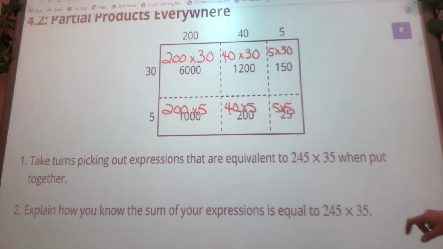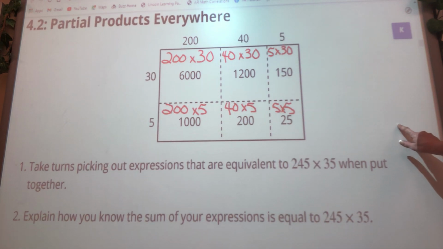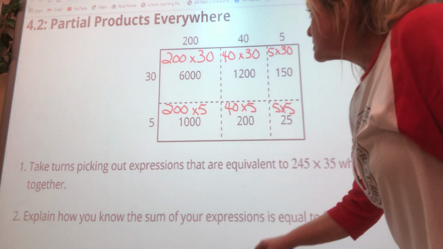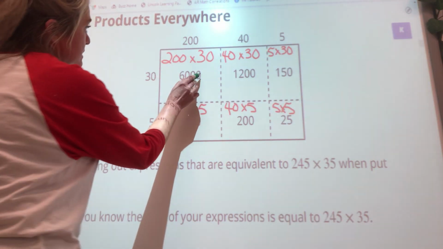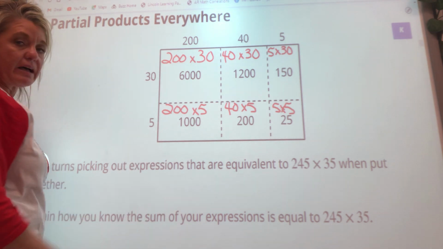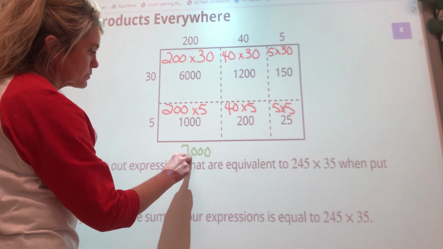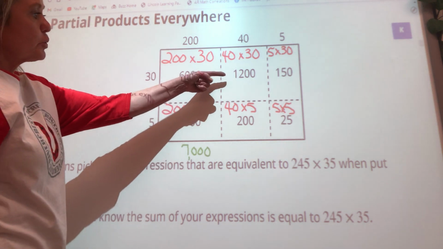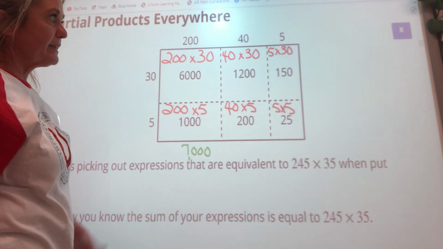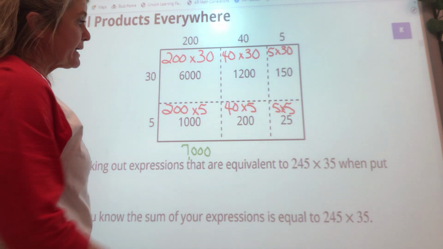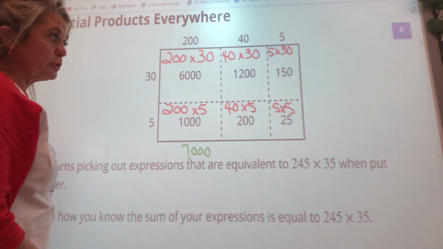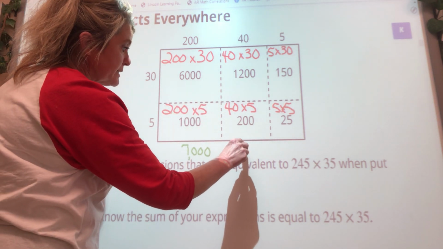All I have to do is add up. So I have 6,000 plus 1,000. I could do quick mental math on that. That's 7,000. Okay. 1,200 plus 200. Again, that's pretty simple to add up. If I have 1,200 and then I get 200 more, I have 1,400.